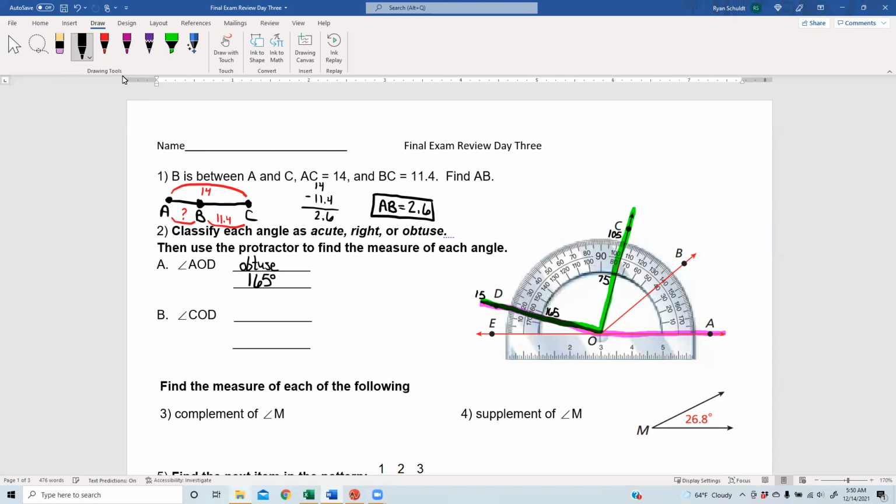You can pick the inside 2 numbers or the outside 2 numbers to subtract. I think on the other reviews, I've done the outside numbers. So let's do the inside. Take these 2 and subtract them. So 165 minus 75. It's going to be 90. So this angle is 90 degrees exactly, which means it is a right angle.